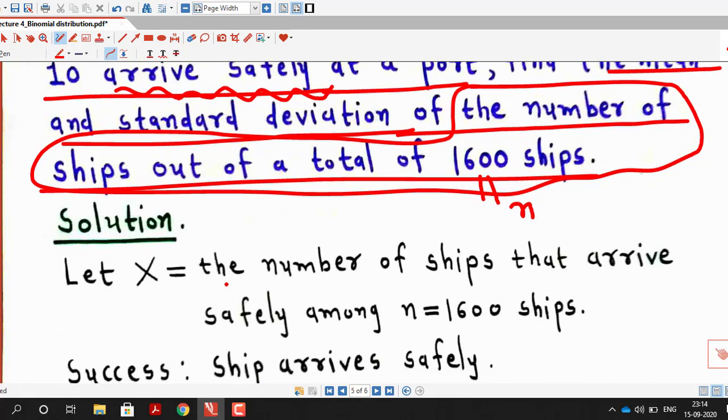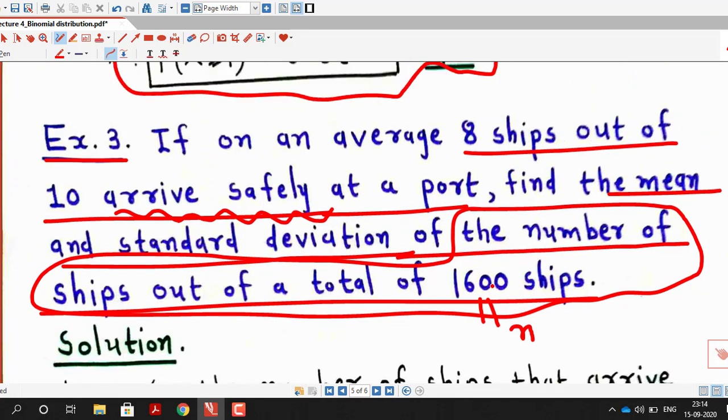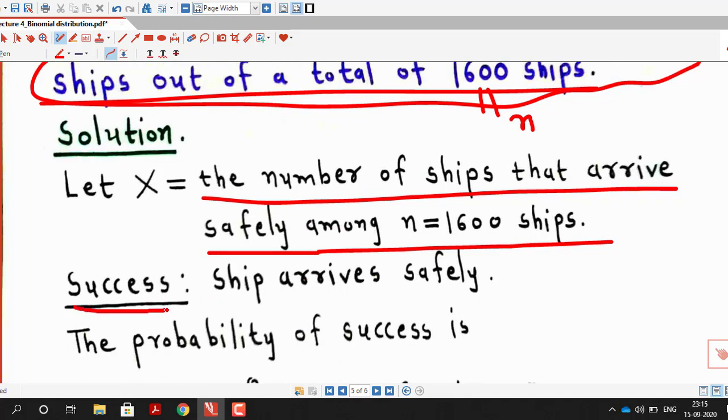So we define capital X equal to the number of ships that arrive safely among n equal to 1600 ships. Now for each ship there are only two possibilities, either it arrives safely or it does not arrive safely. But here the random variable is the number of ships that arrive safely. So we consider success as the event that the ship arrives safely.